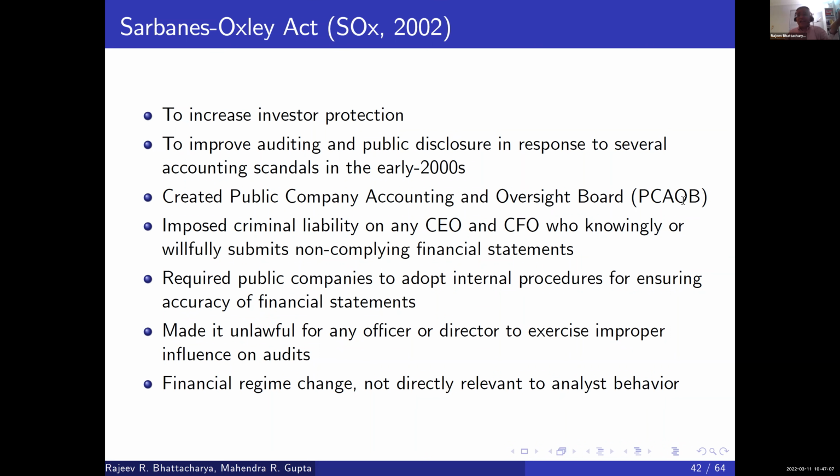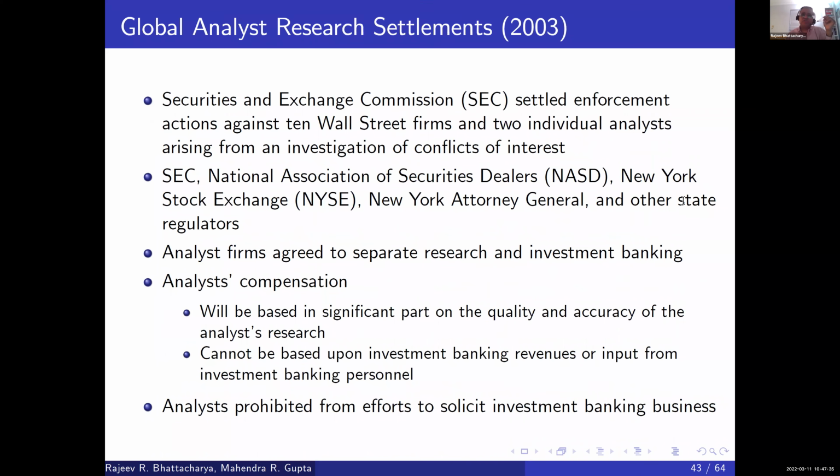And we have this alphabet soup; we'll see so many of these abbreviations, it's impossible to really keep track of. But the biggest contribution of SOX was actually imposing criminal liability on the CEO and CFO to sign off on the earnings reports and so on. Once again, this is not directly related to analyst behavior, but it's about financial regime change.